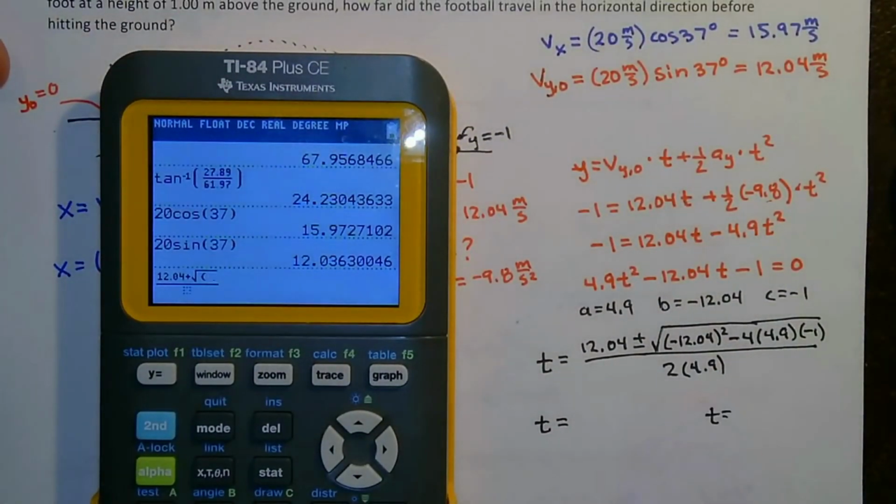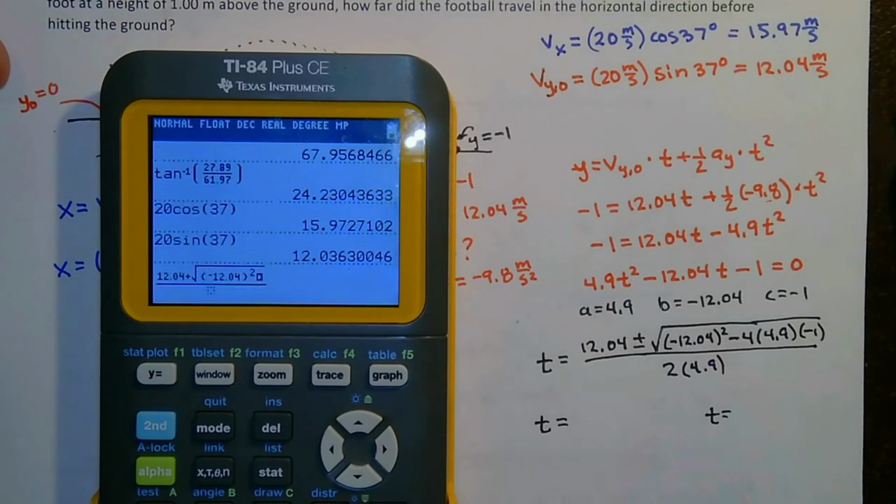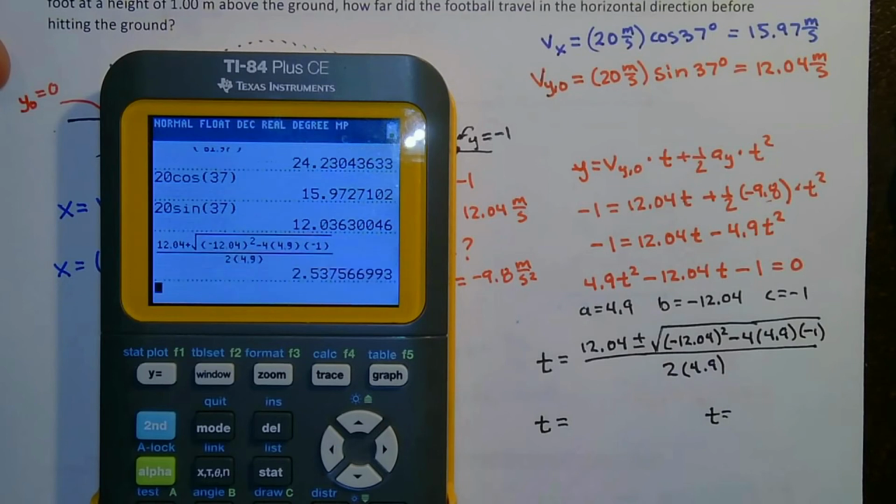Okay, so this is -12.04 squared, and then minus 4 times 4.9, and then times -1, all over 2 times 4.9. So just put it all in your calculator all at once. And so you get 2.54 seconds.